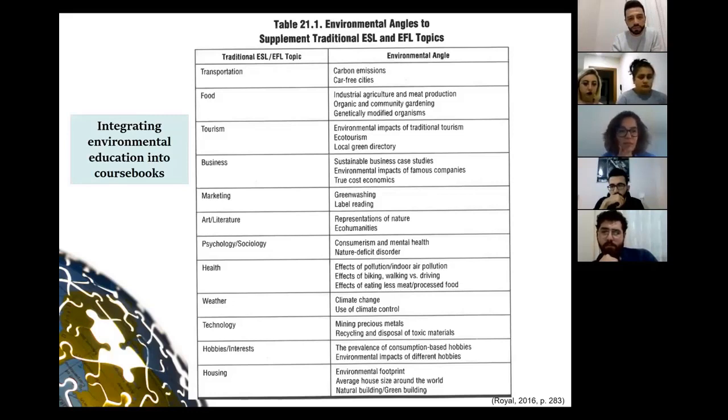I want to ask everyone if they know what greenwashing means. I don't know. Greenwash. So greenwashing is that if you go to a supermarket now, especially in the States, everything is organic or everything is grass-fed, but it doesn't mean anything.